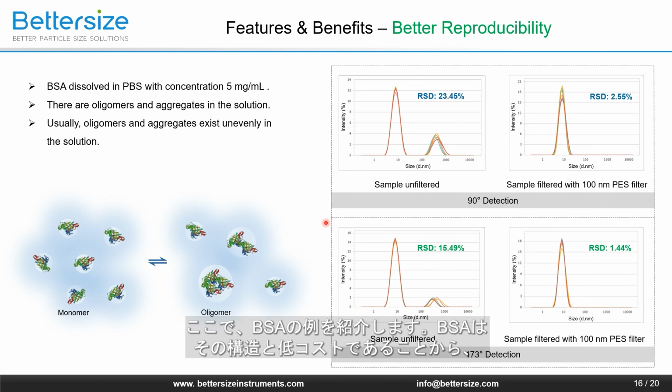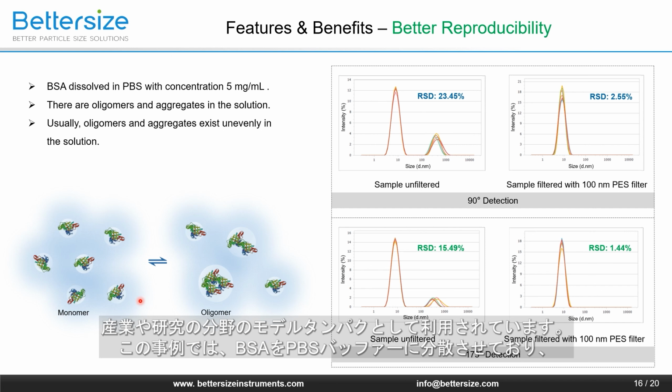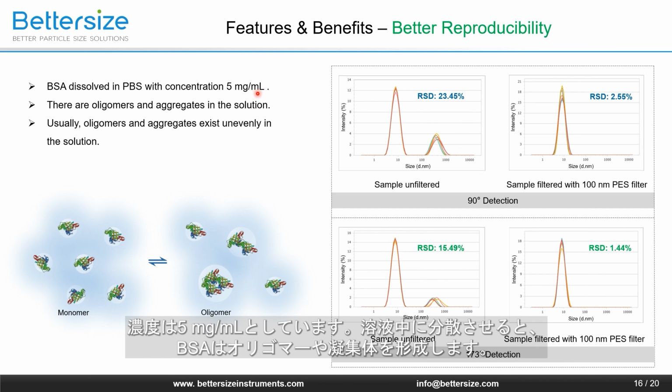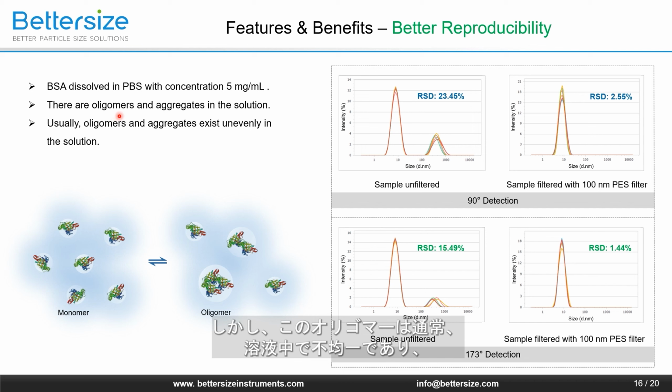Let's take BSA as an example. BSA is a model protein in industrial and scientific research because of its spherical structure and low cost. In this test, it's dissolved in PBS buffer with a concentration of 5 mg per milliliter. When it is dissolved in the solution, it will form some oligomers and aggregates.